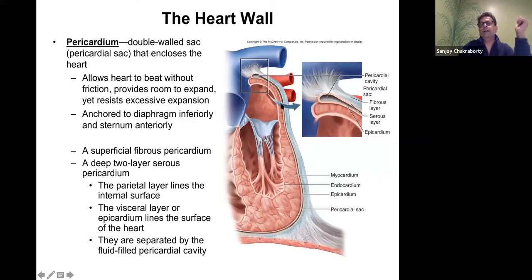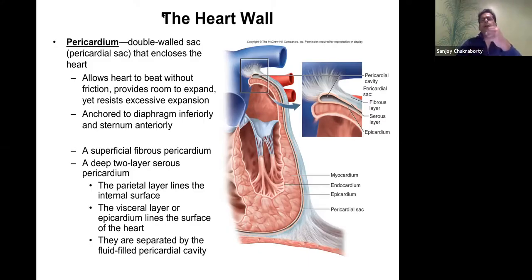If you look microscopically at this area, that's a serous layer. The outermost part is called parietal, the innermost part we call visceral. But now pay attention to this one. If this is the heart and it is covered by a pericardial membrane, this is the visceral pericardium, and that's the parietal pericardium.